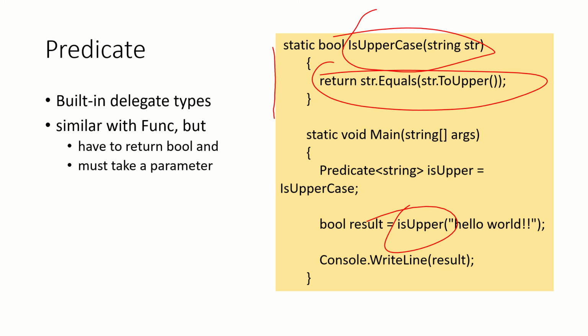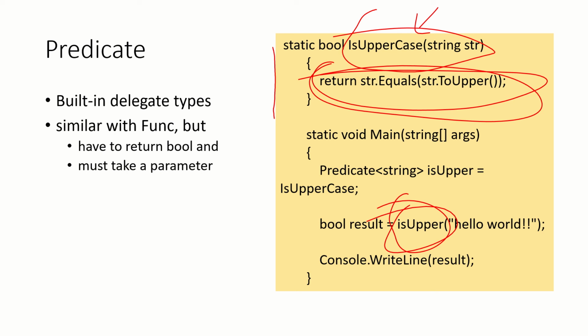So for the user, they don't know exactly what the algorithm is to determine the uppercase, right? But they know that as long as I call this delegate, I can get the result I want.